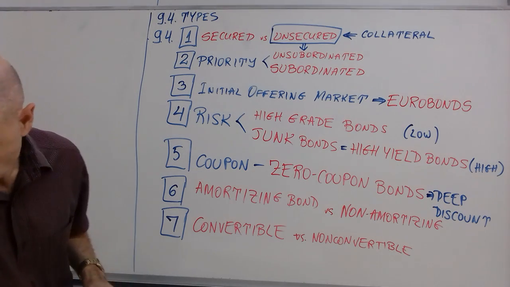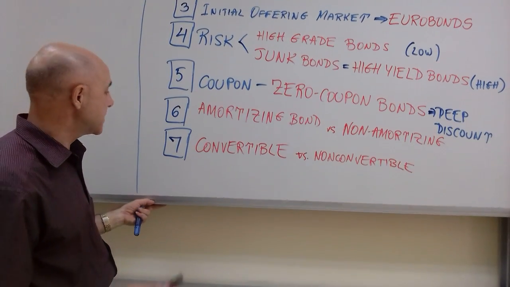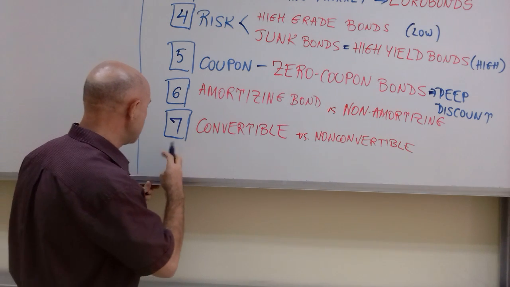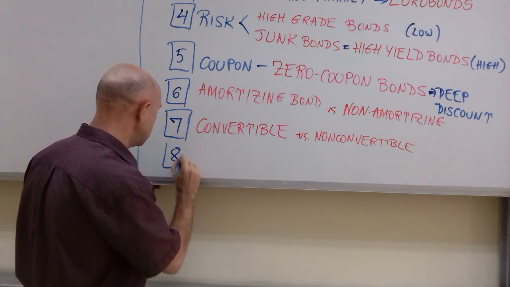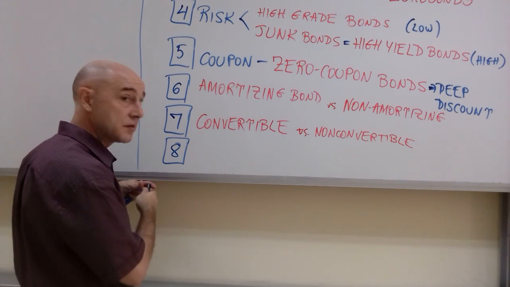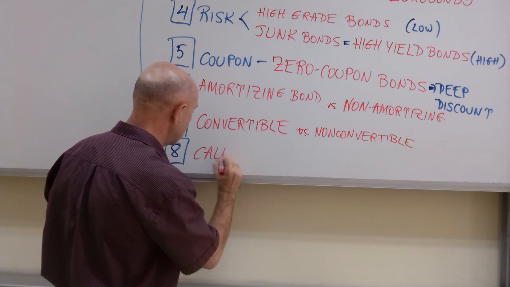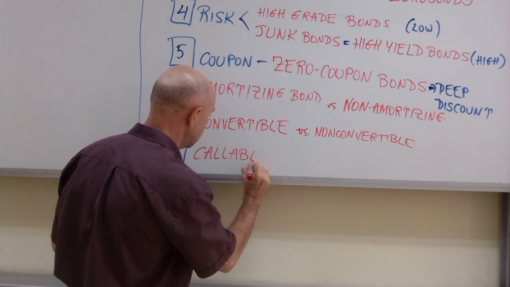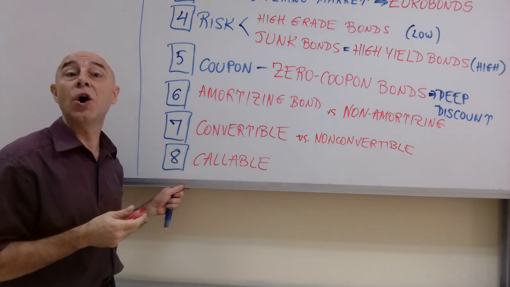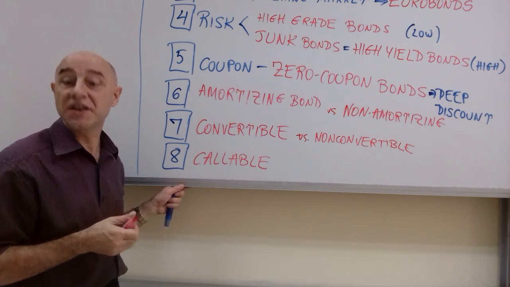And it's not in this section in the textbook, but I did it before. Number 8. Callable. It may be called. In other words, the lender may prepay early.